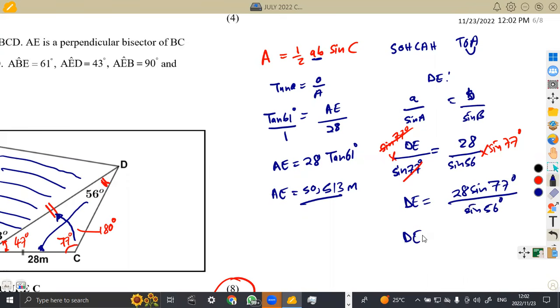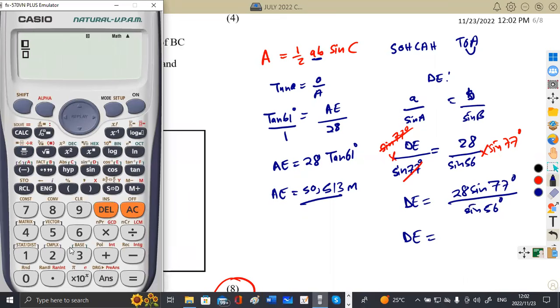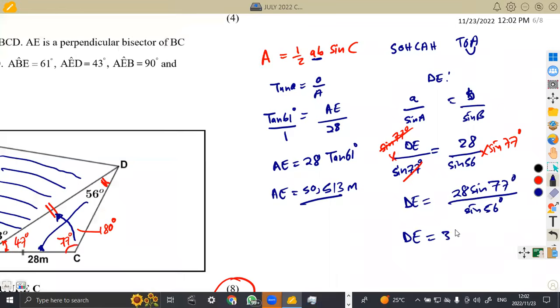So that means our DE is 28 sine 77 over sine 56 degrees. That's 32.908, something like that. 32.908 meters.